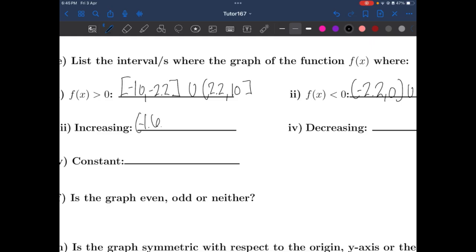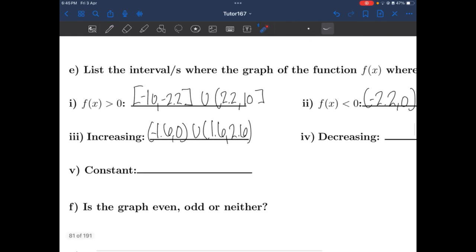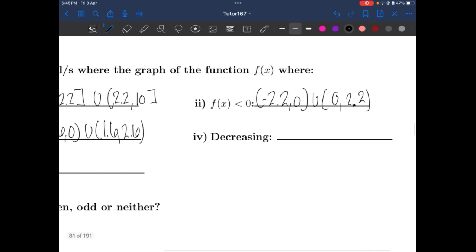So negative 1.6, 0, union 1.6, 2.6. You don't just put them side by side. You have to make sure you put the union sign between them.